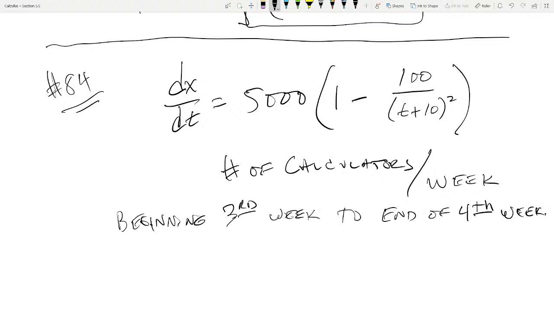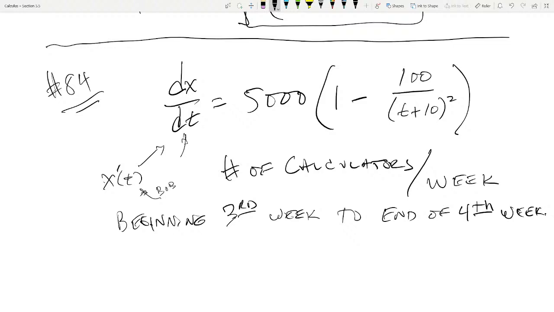Okay, now there's a little subtlety going on here. Let's say the function when we integrate this is x of t, so that guy right there is x prime of t. Same guy, different name, but x of t will be what you get when you integrate.